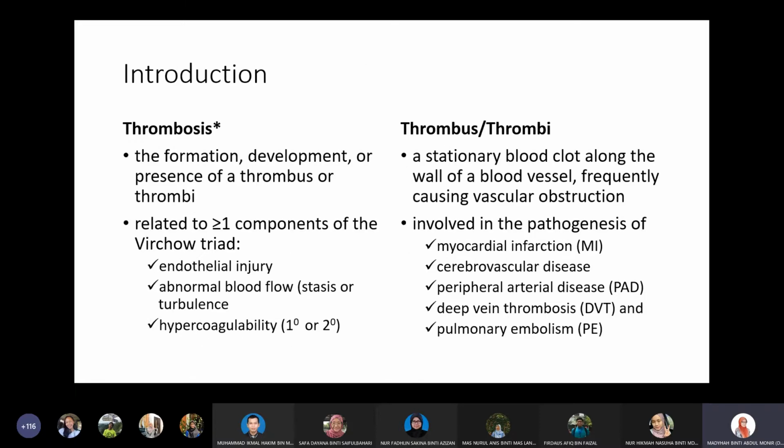So, as an introduction, the definition for thrombosis is the formation, development, or presence of a thrombus or thrombi. Thrombi meaning there is more than one thrombus. I think you have already learned regarding thrombosis in the general module.